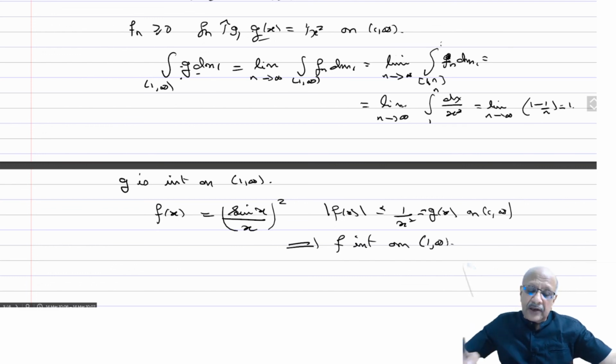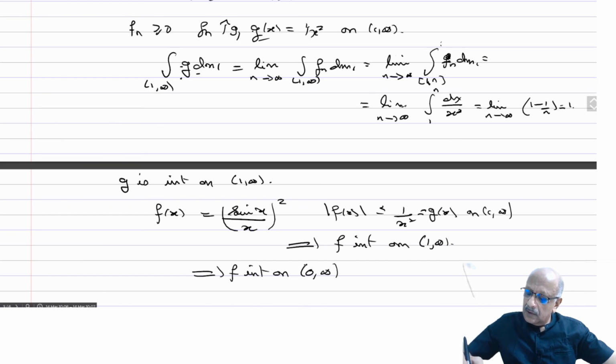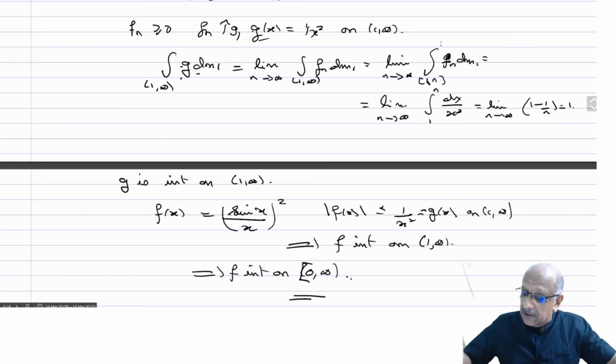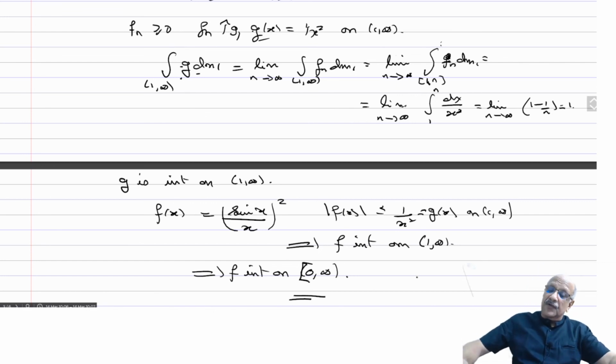So f is integrable on 0, 1 and 1, infinity, and therefore f is integrable on 0, infinity. So this is how we can compute the integrals, or we can study the integrability of functions. Okay.